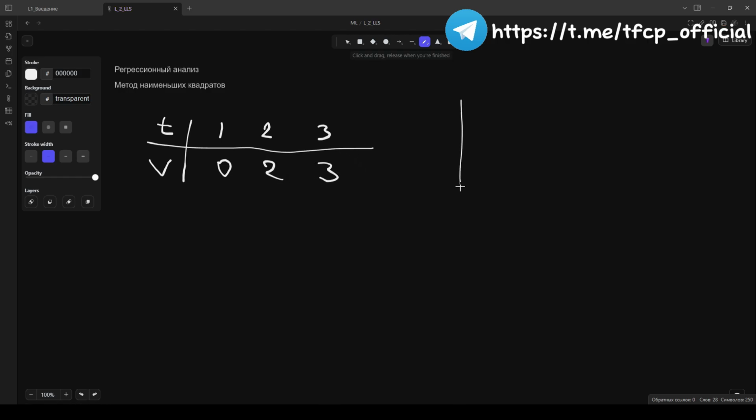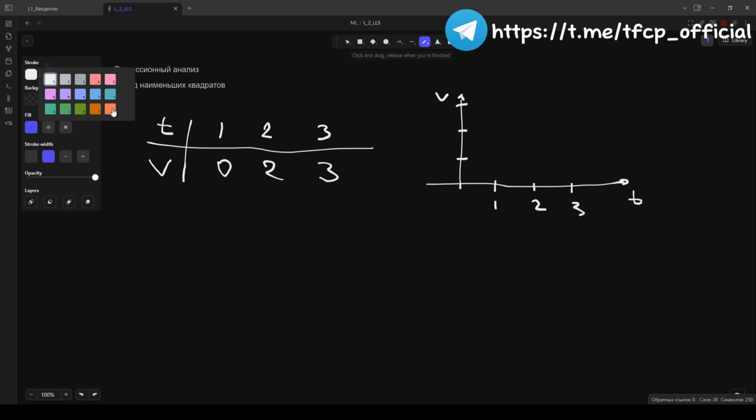We can plot these points on the plane. Here we will have t: 1, 2, 3. And here we will have v respectively. This is 0, that is the point with coordinates 1, 0. This is 2 and this is 3.